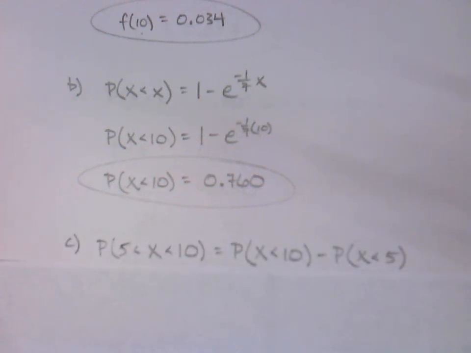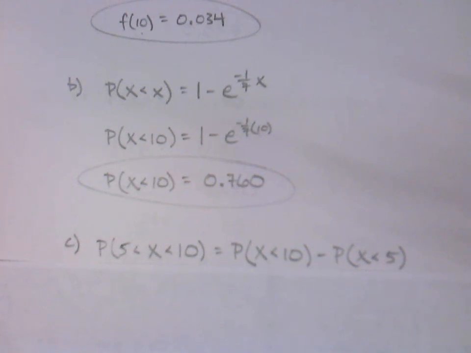Part C. It says what portion of Americans take between 5 and 10 minutes to fall asleep? And you see the graph there with the red section highlighted for just the people who fall asleep between 5 and 10 minutes.